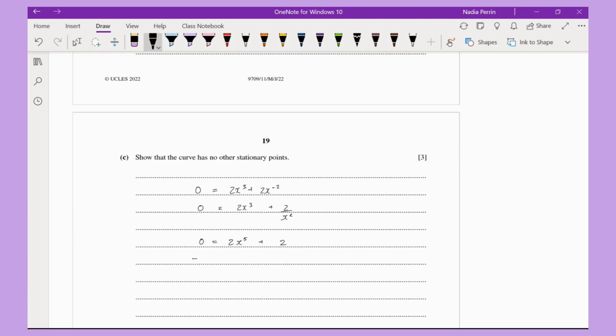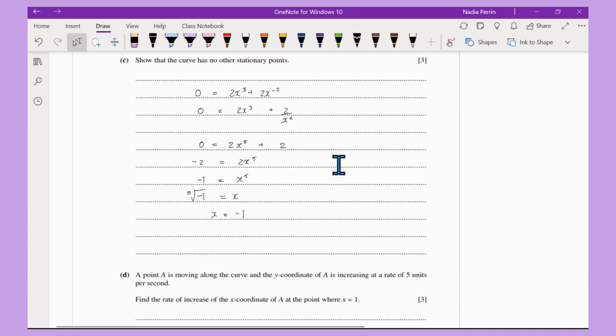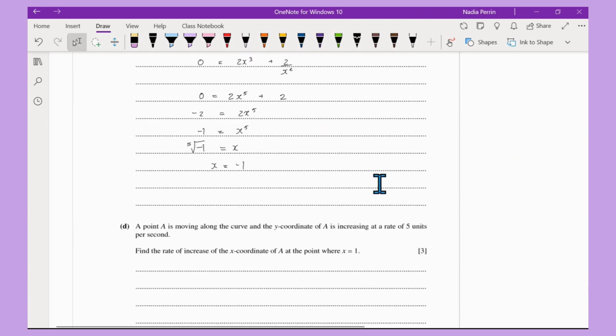And then I'm going to move that 2 over. I'm going to divide by 2. And lastly, I am going to fifth root. When I fifth root it, I get that x is -1, which was the only stationary point we were told about, which shows that there is just the 1.